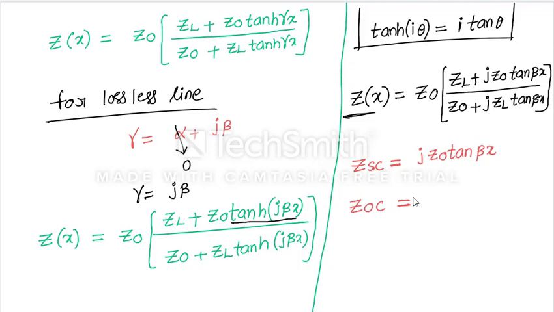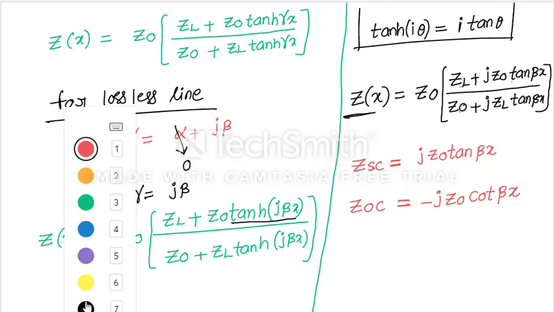If I differentiate, the numerator terms go to 1 and 0, and we get j tan beta x over j Z naught tan beta x, which I can write as minus j Z naught cot beta x, isn't it?